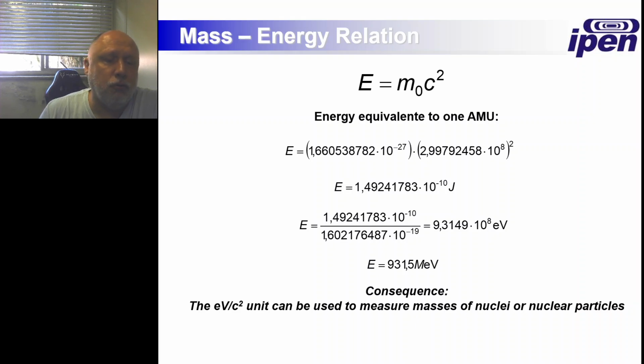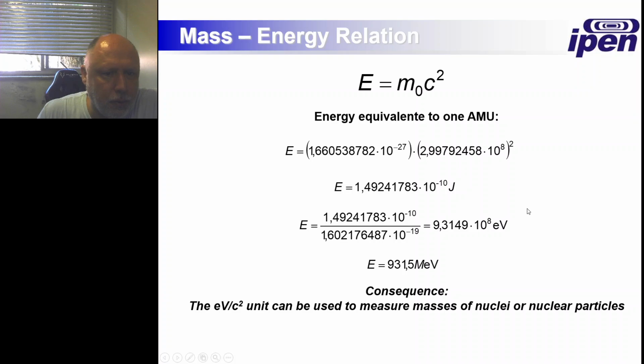In this course, we're not talking joules, we're not talking of these usual energy units, because we don't want to be carrying those 10 to the minus something or 10 to the minus a lot. So, okay, let's see how much energy is equivalent to one atomic mass unit.